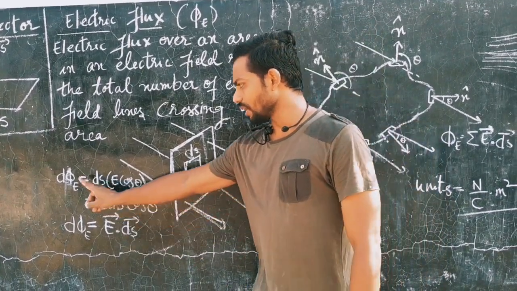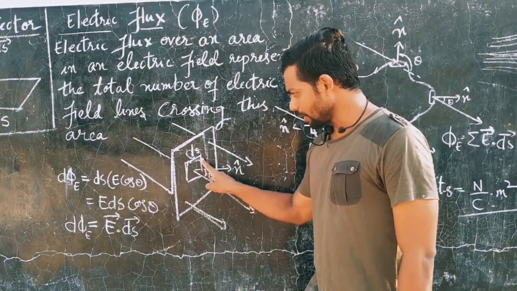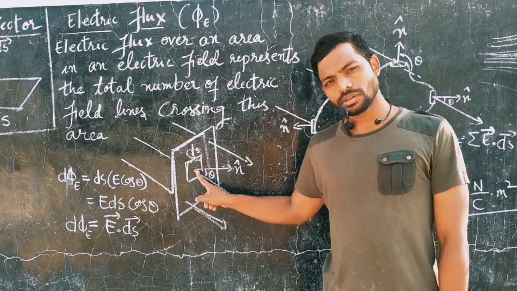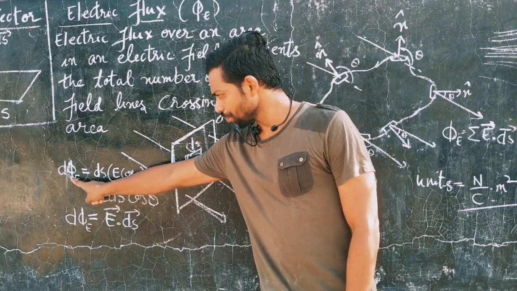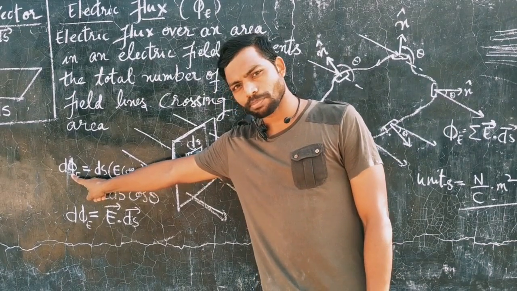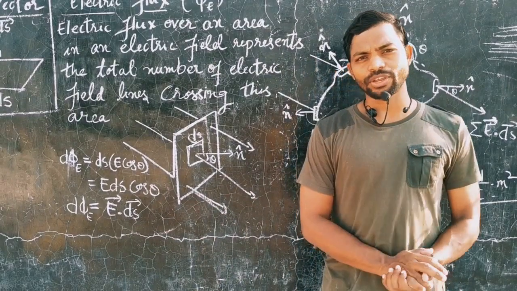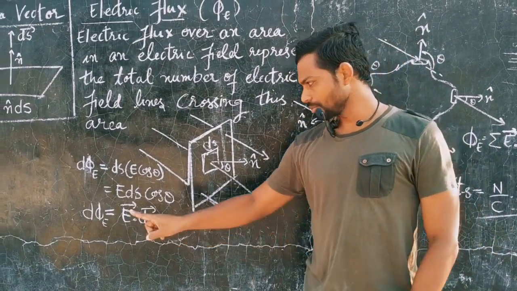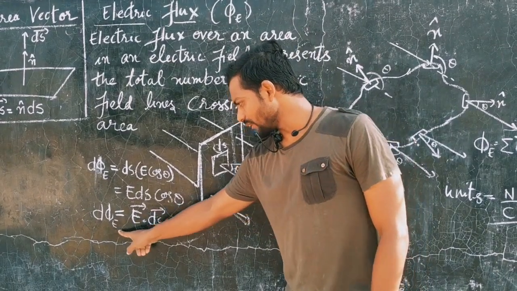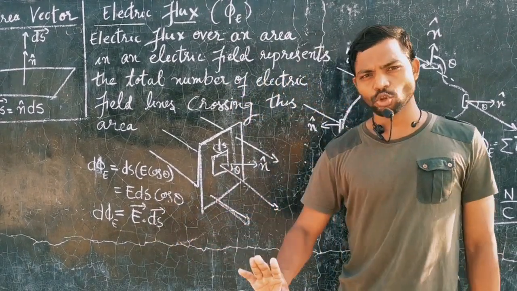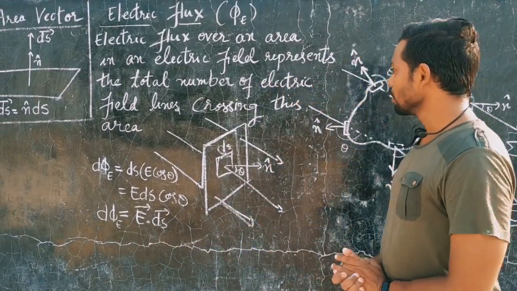So I can write the flux as the product of the area element and the component of the electric field, E cos theta. So flux is nothing but the product of the area element and the component of electric field which is normal to the area, right? So I can write that as E ds cos theta. So finally the expression is E dot ds, dot product of electric field intensity and the area element. Fine. That is just fine.